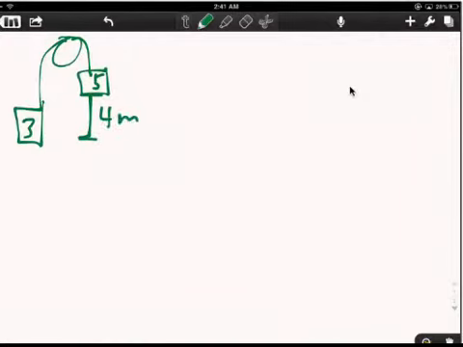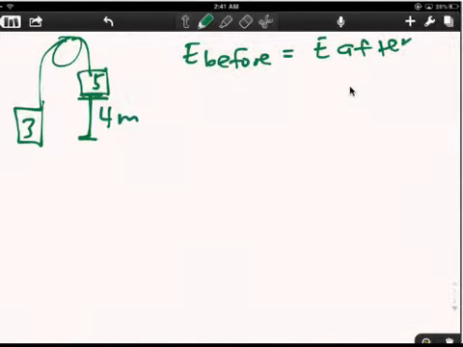What kind of energy is present before here? Well, let's set our 0 line for potential energy here. So we write UG equals 0. The only energy in this system beforehand is of the 5, and it's potential energy.